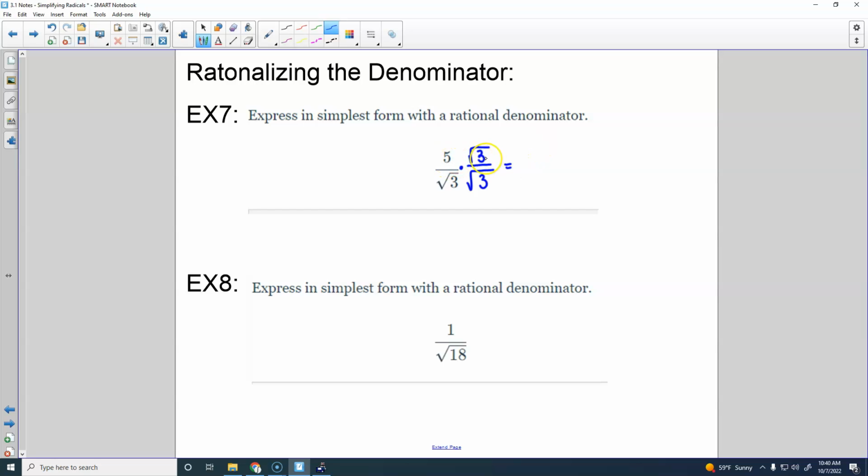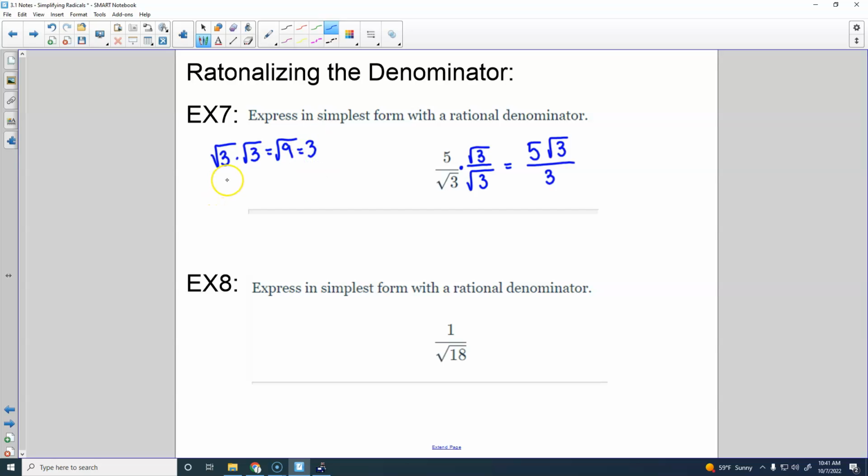Yes. So in the top, you cannot multiply things together when one is on the outside of the square root and the other is on the inside. So you just have to write this 5 times the square root of 3. And what is the square root of 3 times square root of 3? It is just 3, right? A couple ways you can think about that. Square root of 3 times square root of 3 would be the square root of 9, which of course is 3.